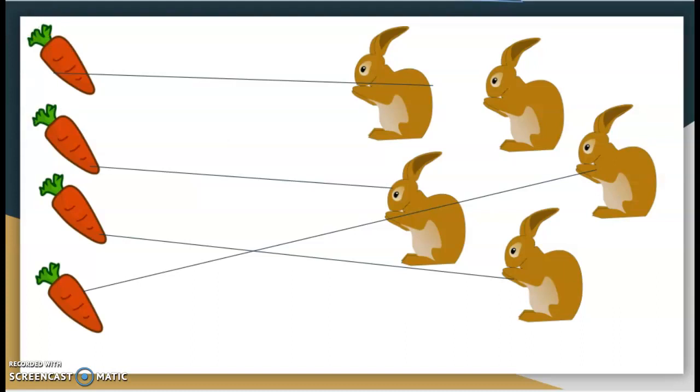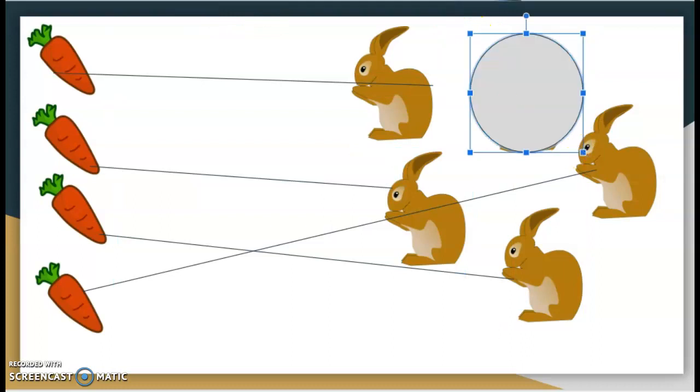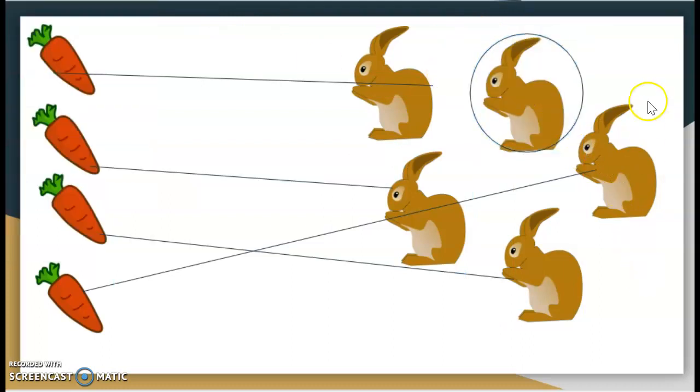So I see that this one is my extra one. I circled it. So this group is greater, right? There's more bunnies than there are carrots. There's less carrots than there are bunnies. Let's look at our numbers to make sure.